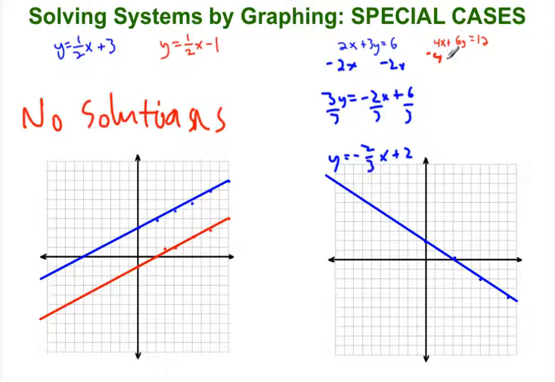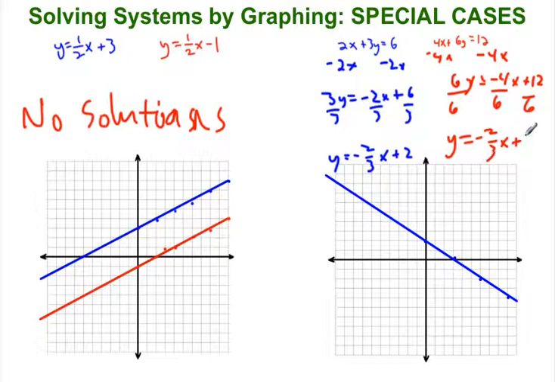So let's subtract 4x from both sides. We have 6y equals negative 4x plus 12. What do we need to do? Right, divide every piece by 6. That'll simplify. So y equals, what's negative 4 over 6? That reduces to negative 2/3 x plus 2.